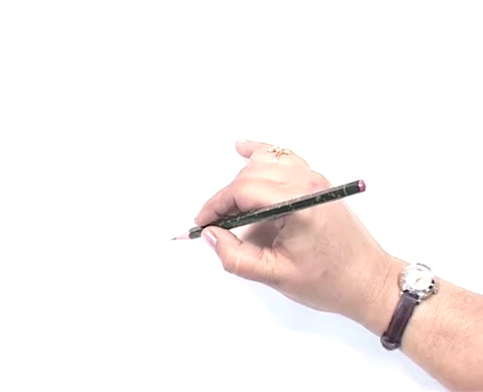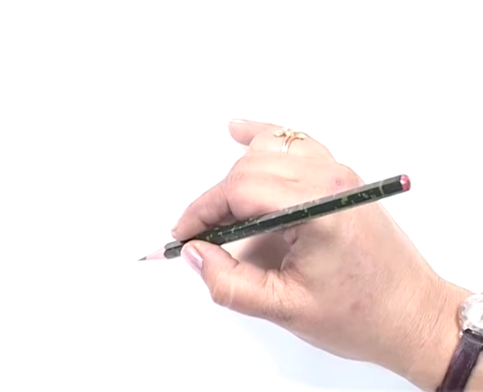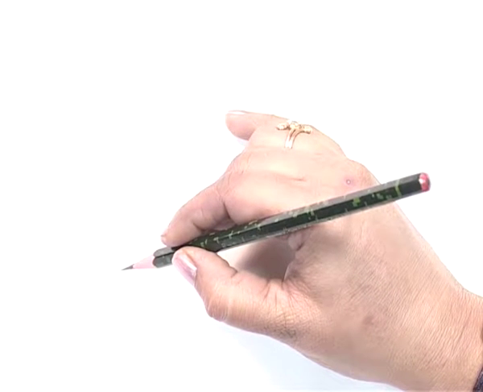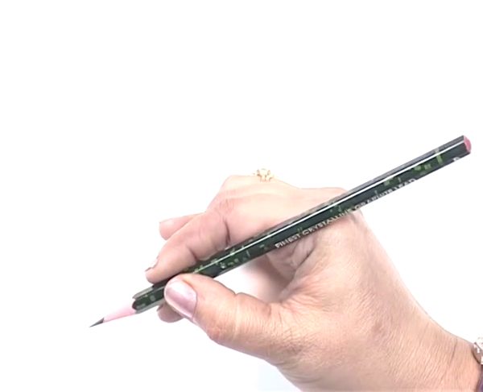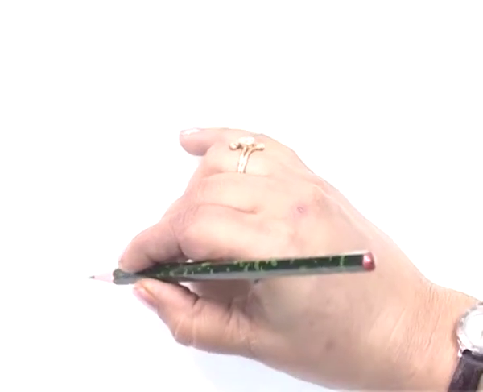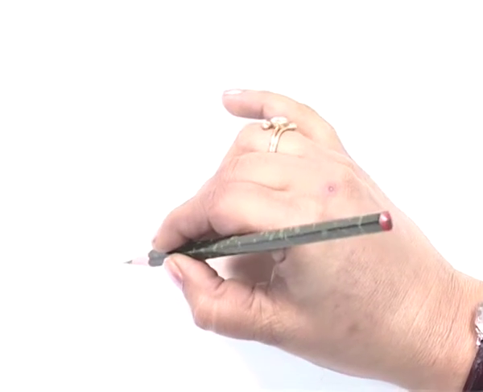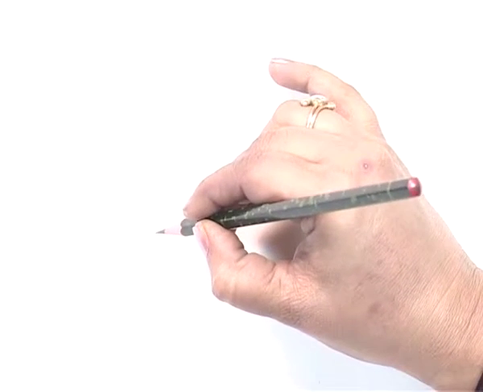In most drawings, the pencil may be held between the thumb and fingers. In this way, the hand can remain relaxed. The whole arm can be used to make the drawing and not just the hand and wrist.